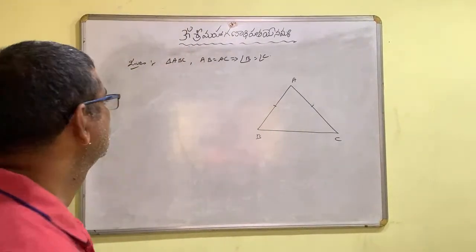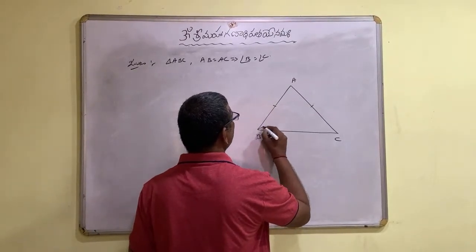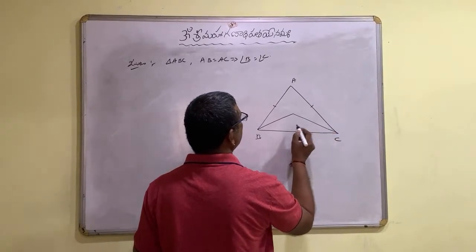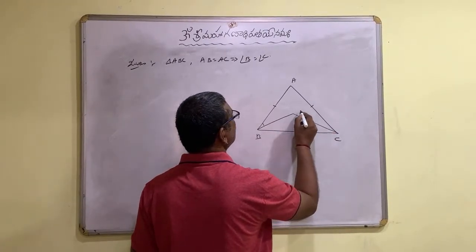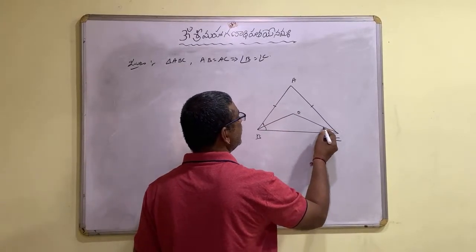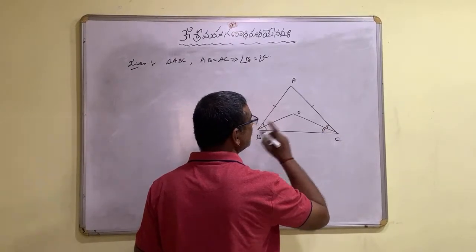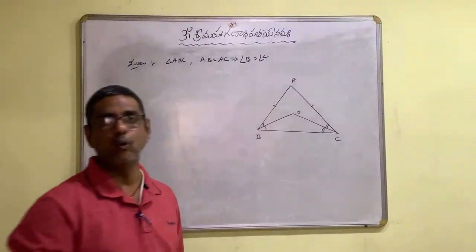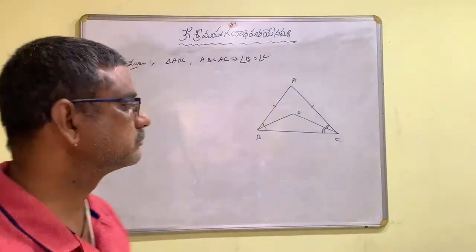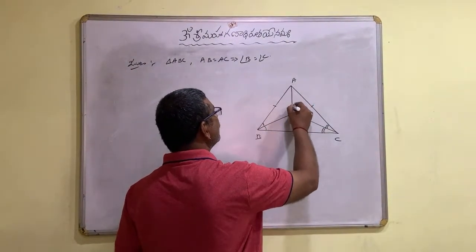Now, what do we have to do? The bisector of angle B and the bisector of angle C: OB is the bisector of angle B, OC is the bisector of angle C. Both are meeting at O. And he is asking to join AO.